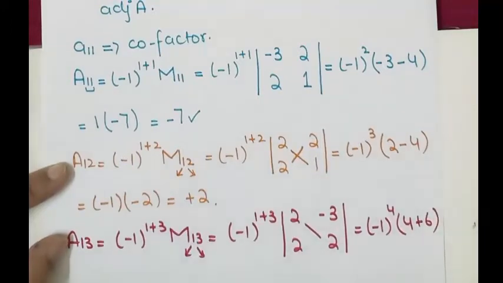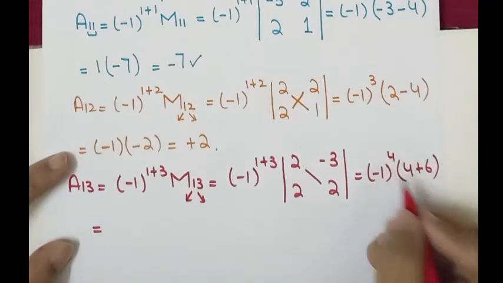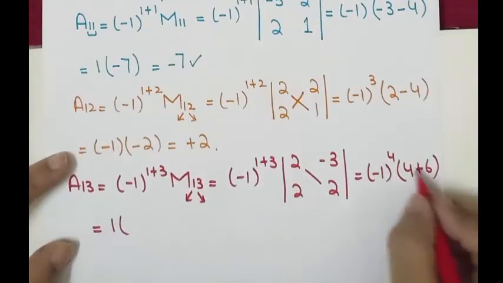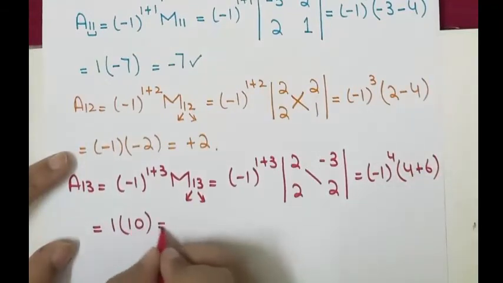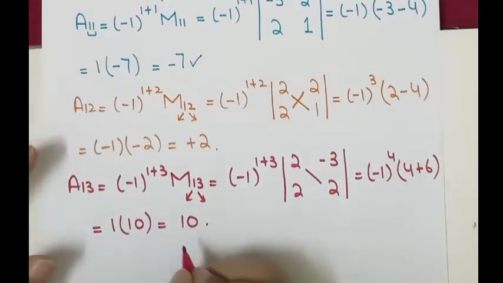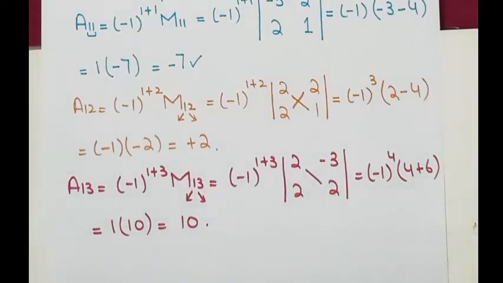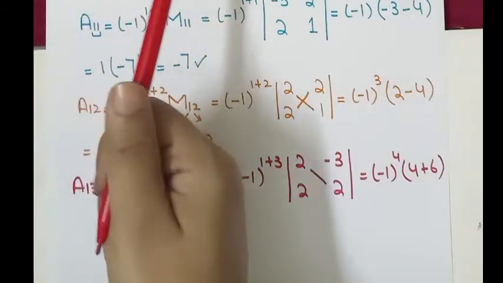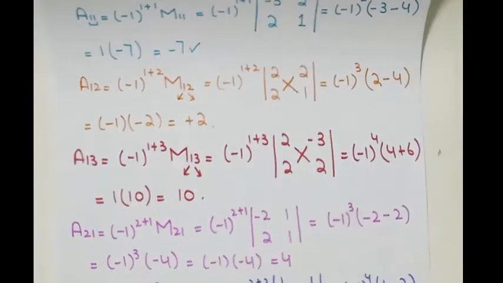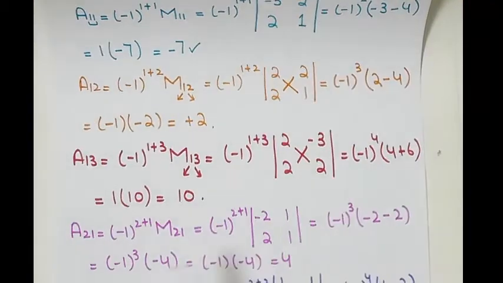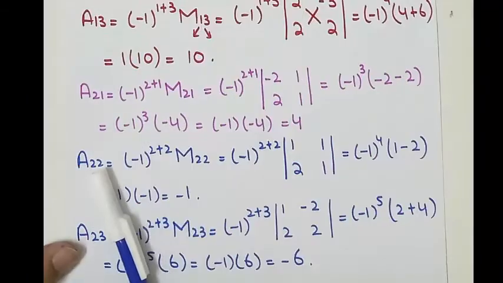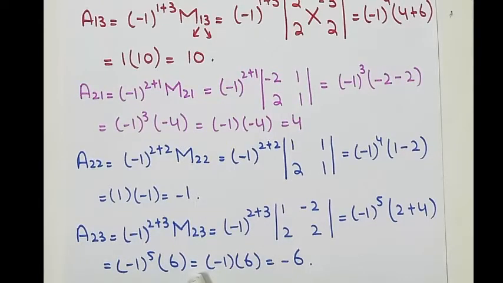So this is plus 6, and minus 1 power 4 is 1. 6 plus 4 is 10. So this is how we have found the minor of A13. In a similar way, I will find the minors of A21, A22 and A23. So in this way, I have found the cofactors of A21, A22 and A23. Let's find the cofactors of A31, A32 and A33.